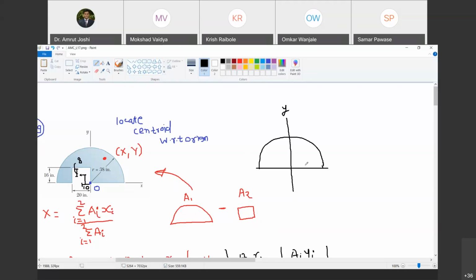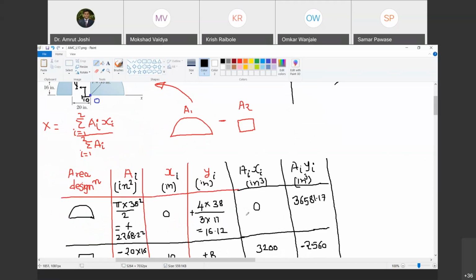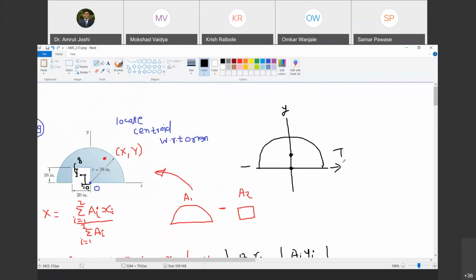But where would it be as far as the distance from origin in y direction is concerned? 4r by 3 pi. And what was that distance? 16.12. So it would have been somewhere here, 16.12. Happy? Yes, sir. What is the consequence of drilling this hole?